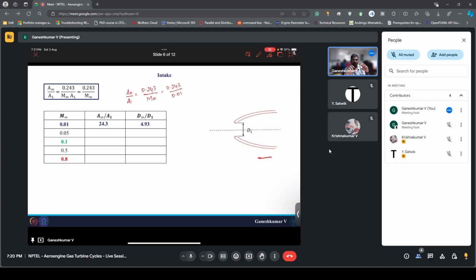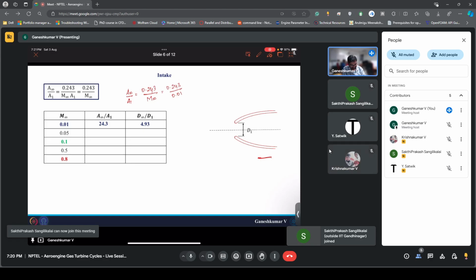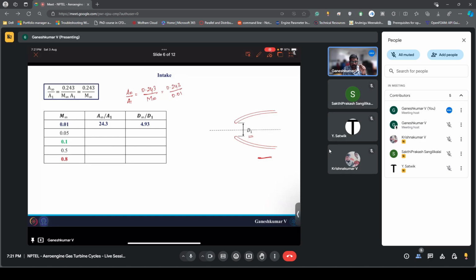Because that will give you a good perspective of how big this is, right? So if your intake diameter is D1, for Mach number 0.01, the diameter ratio is 4.93. So your capture area, from which air is going to enter your intake, is 4.9 times bigger than the diameter of the intake itself.